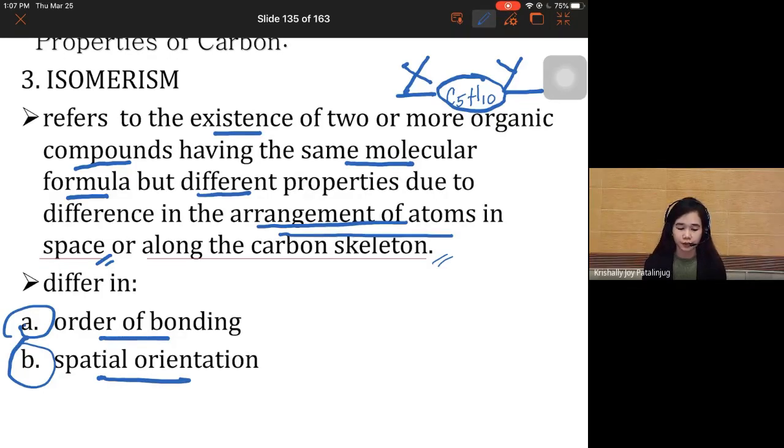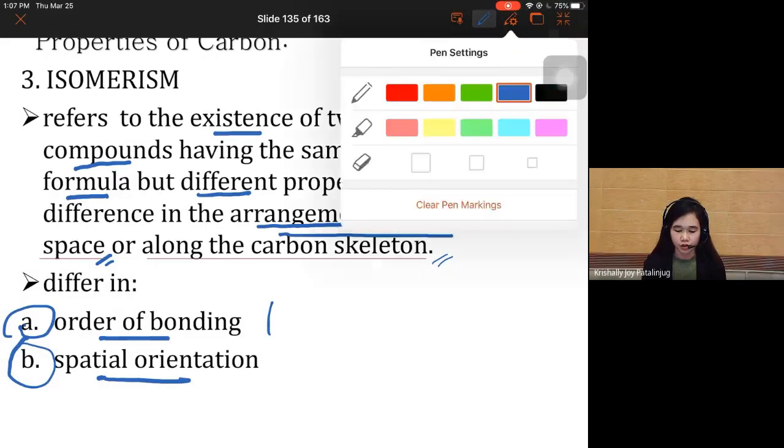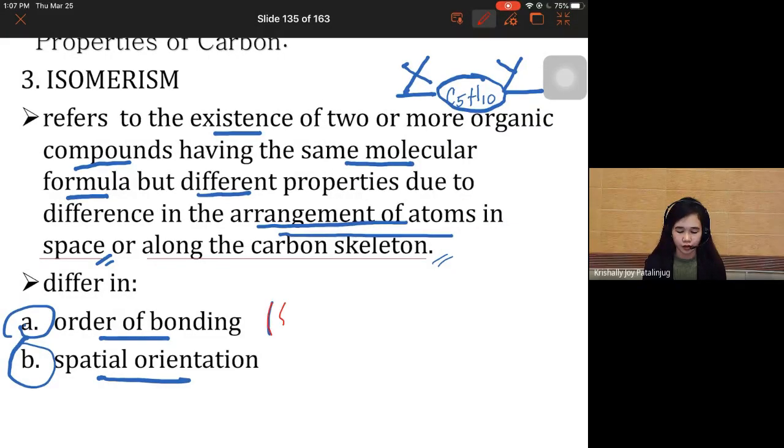Now, when we say ang structures ng isomers differ in the order of bonding, we are referring to the structural isomerism. Okay, again, whenever the compounds differ in the structure due to the differences in the order of bonding sa mismong structure, we are referring to the structural isomers, structural isomerism.